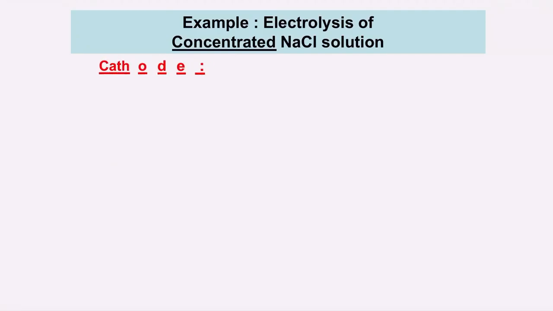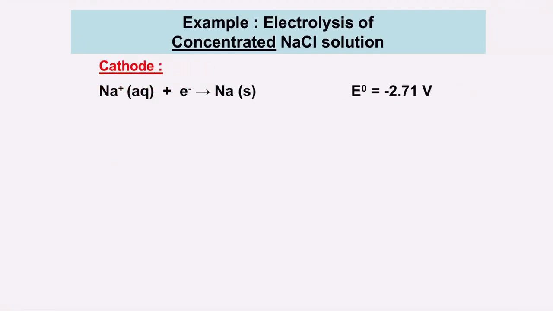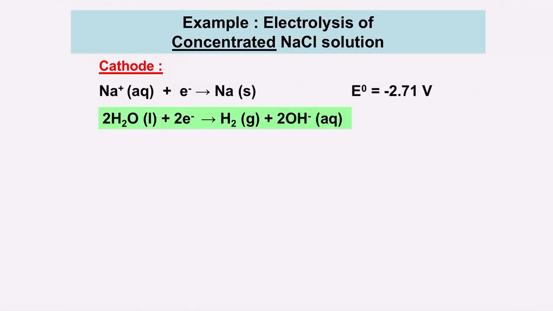So let's say you have concentrated NaCl. At the cathode you have sodium plus and water. Between these two, as usual, you pick the more positive one, so water. So remember that cations are not affected by concentration.